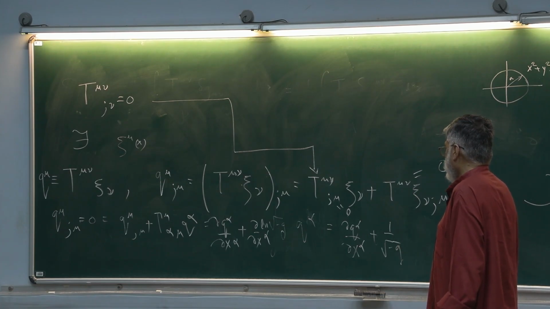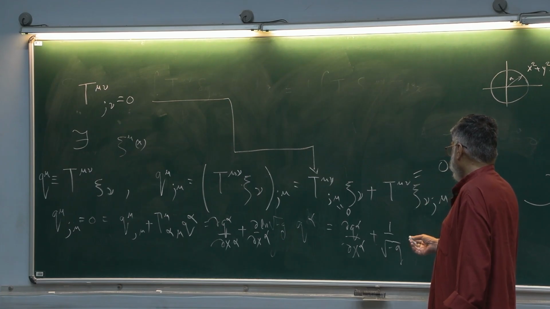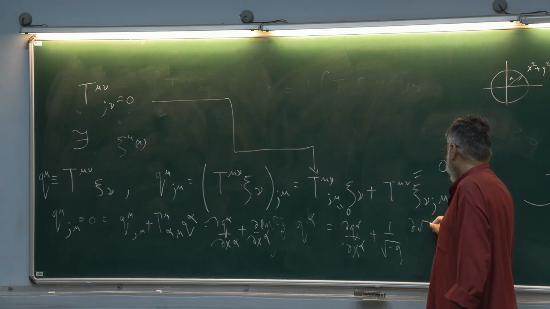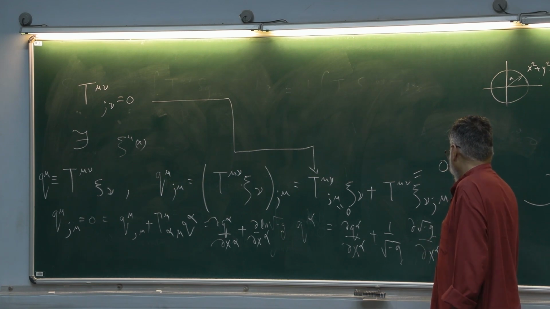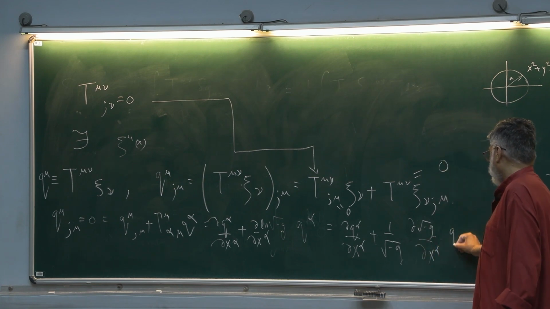Q del q alpha del n, 1 over root minus g del root minus g by del x alpha q alpha.